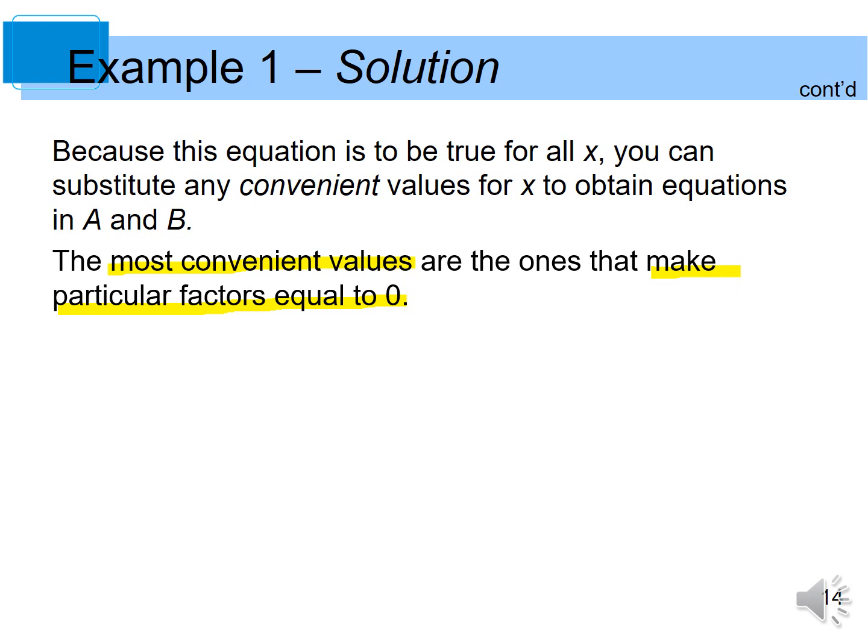We have two linear factors. The first factor is x minus 3, so we let this factor equal to 0 and we have x equal to 3.